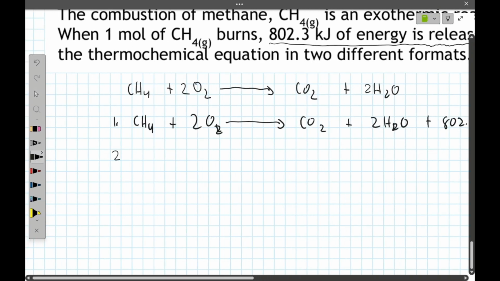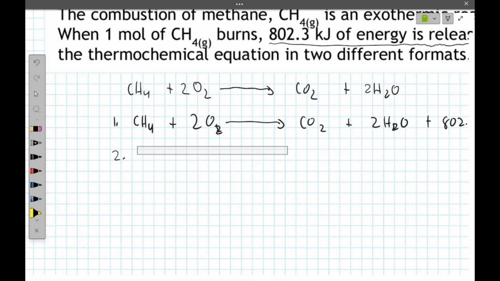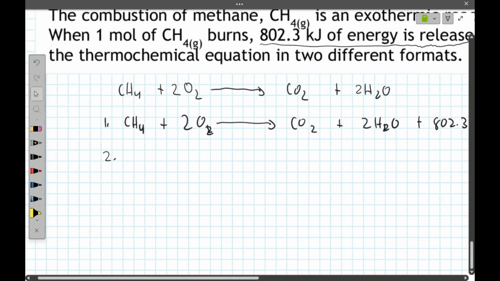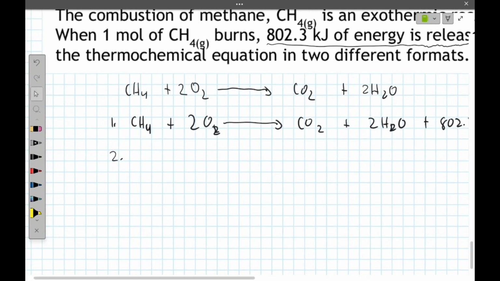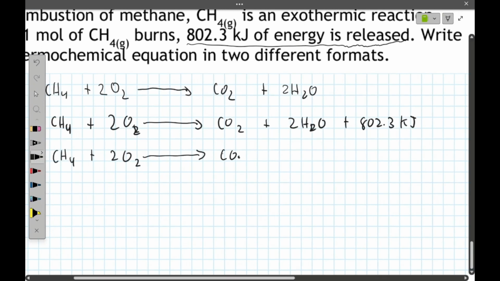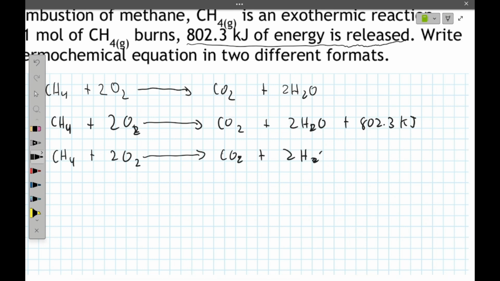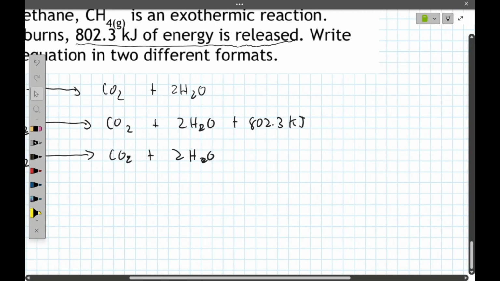Now the second way to write it is outside of the equation, which is the second way I showed you guys. So CH4 plus 2O2 becomes CO2 plus 2H2O, and then we just write it here.